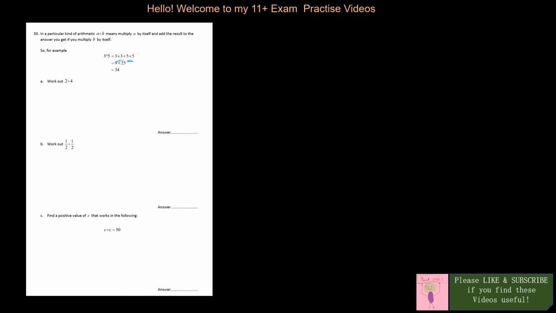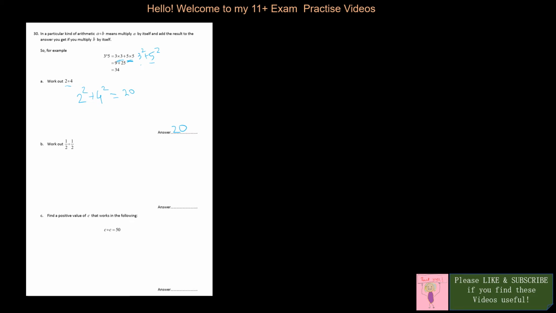So that is 3 square plus 5 square. That's how we can write it as well. So 2 or 4 is 2 square plus 4 square. That is equal to 4 plus 16, which is 20. So my answer will be 20.